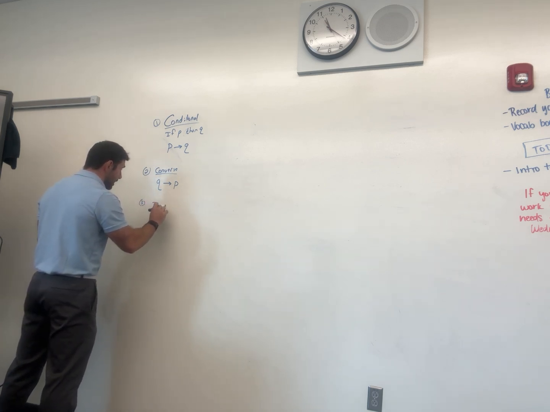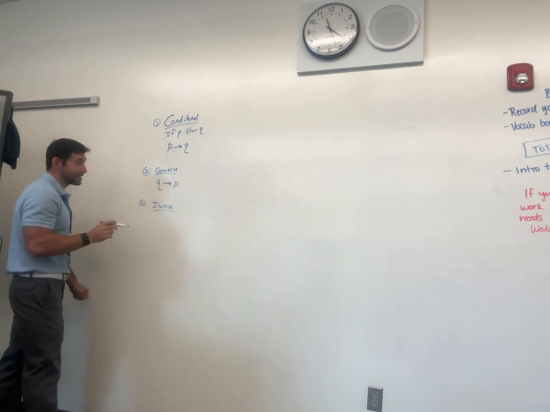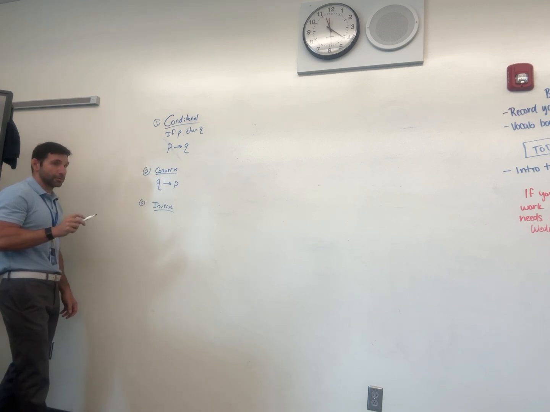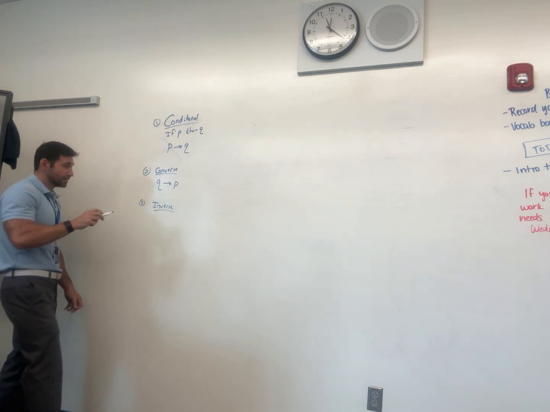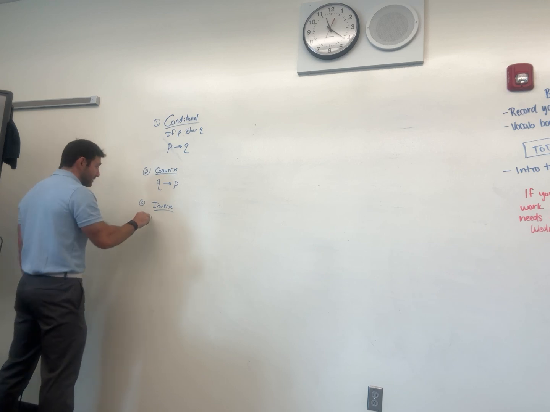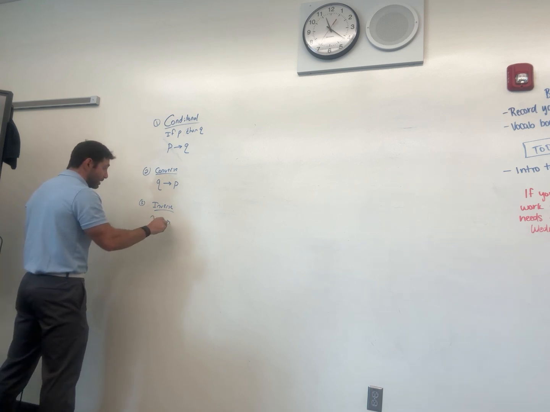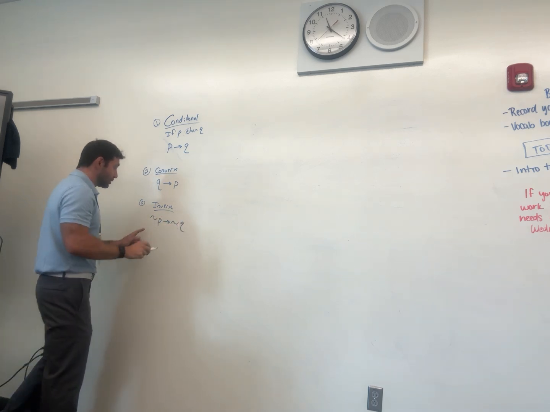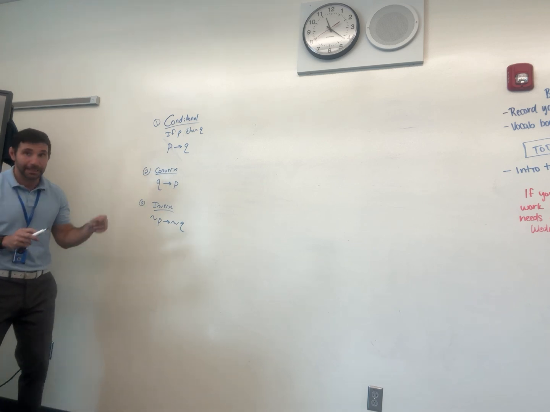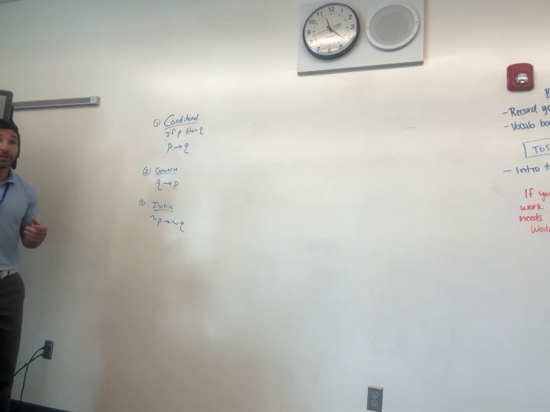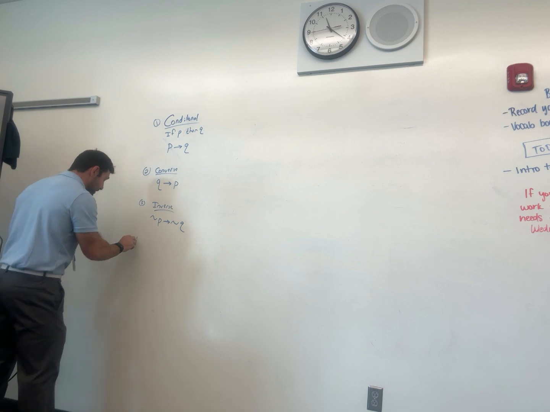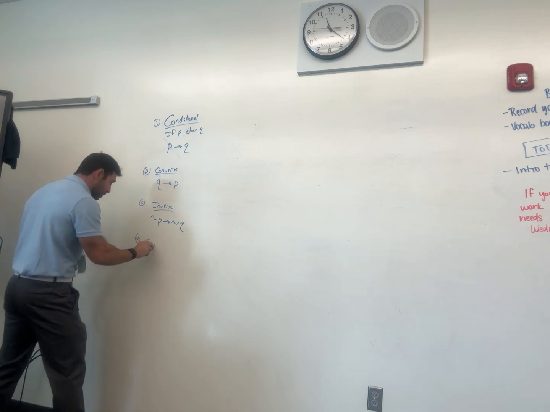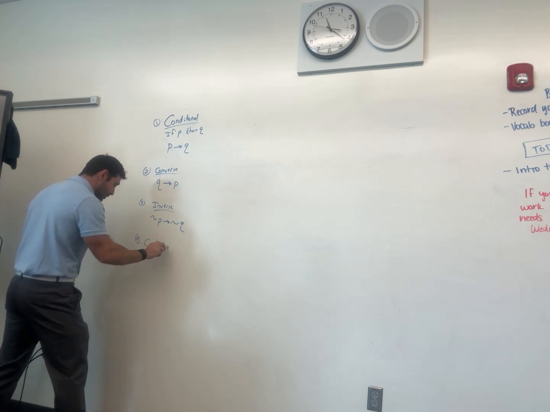Then the I word, inverse. And with the inverse, we had to do what to the statement? What was that N word? Go ahead, Esther. It was a little not, wave if thing. If not P, then not Q. This is called negating the statement. Okay? And then last but not least, we had the contrapositive.